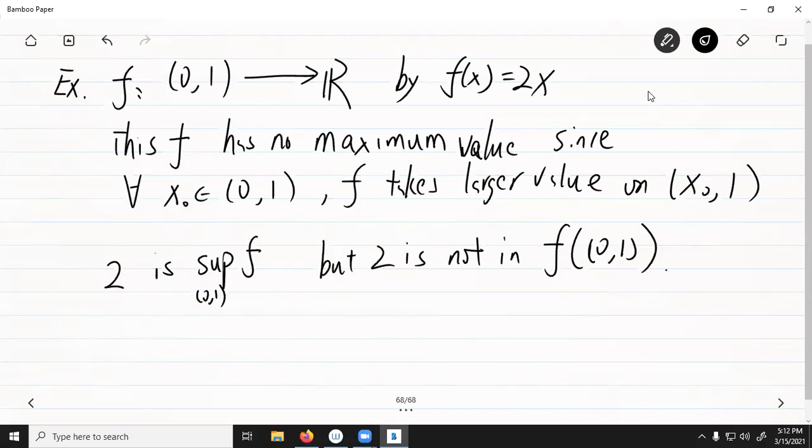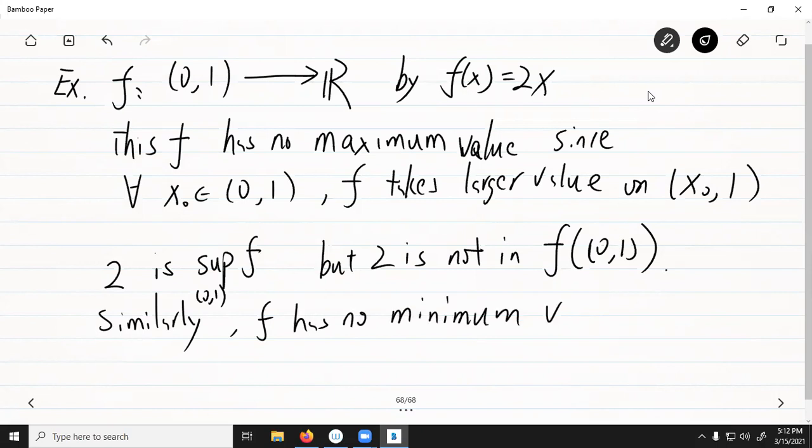Similarly, f has no minimum value on the interval from 0 to 1.